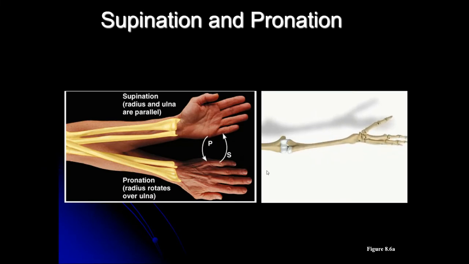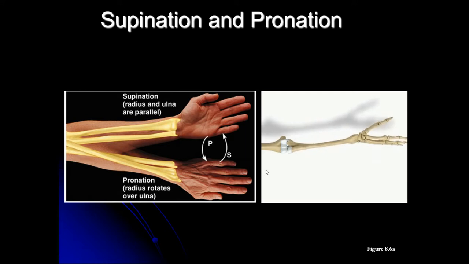We also talked about some special movements. And remember, one of the special movements we talked about could only be done with the hands. And this was supination and pronation. And as I said before, an easy way to remember this is if you supinate, you can hold soup in your hand. If you pronate, you will pour it out. So supination is the palm up or anterior.